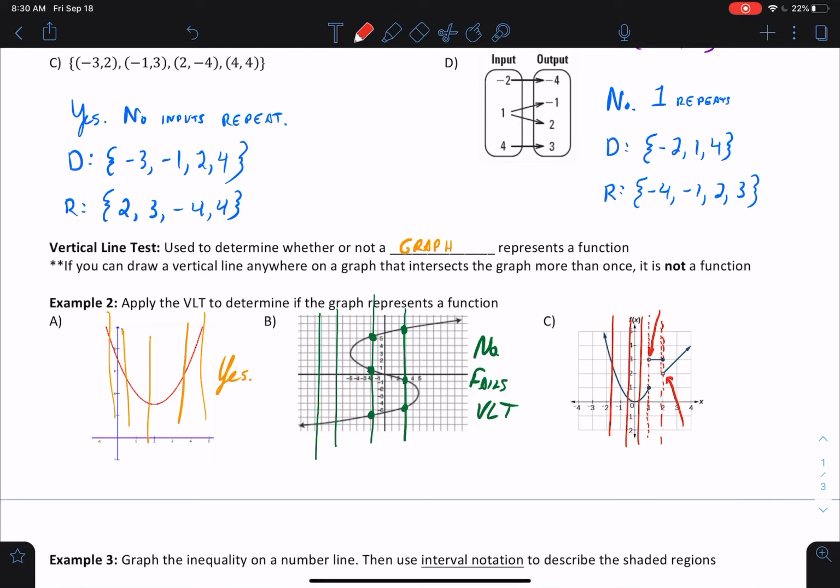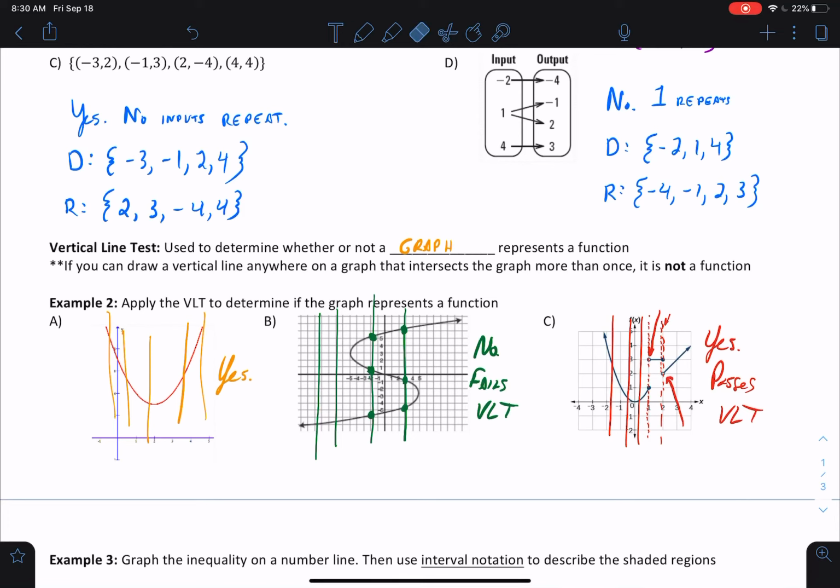Open circle, think about when we are graphing inequalities, means that it's not included. So the vertical line actually doesn't go through that open circle, but it goes through this closed circle. So that only intersects once. This vertical line goes through this closed circle, but does not go through that open circle. Okay, so yes, it passes the vertical line test.